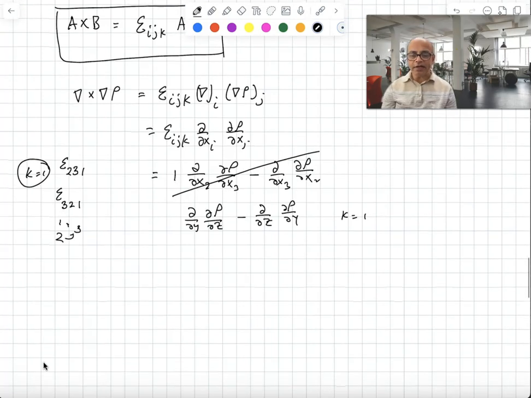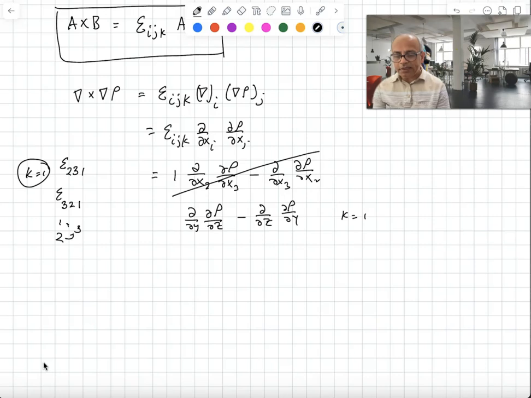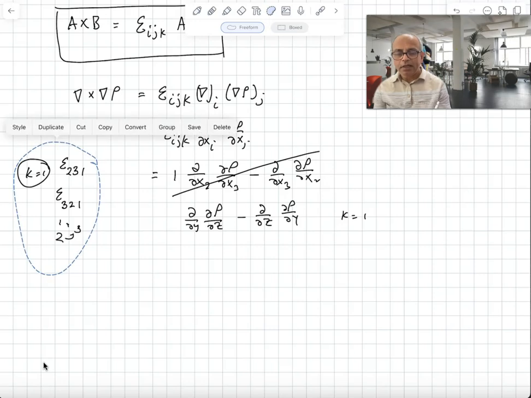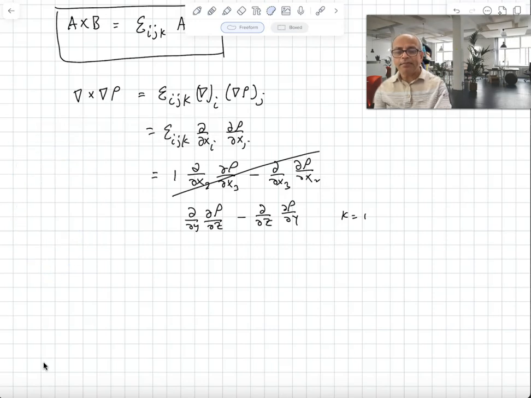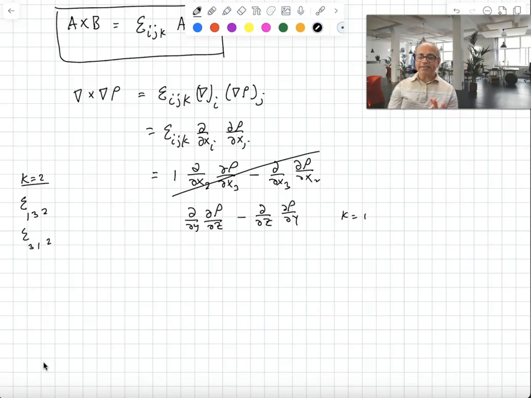Similarly, I will write for k equal to 2. This time let's try to be a little gentle and see if we can make it a little clear. So k equals 2, epsilon 2. I have the option 1, 3, and the option 3, 1. Which one I write first, 1, 3 or 3, 1, doesn't matter. I'll write epsilon 1, 3, 2.